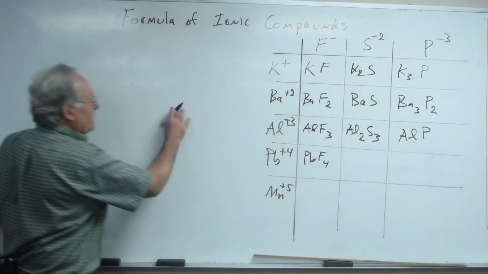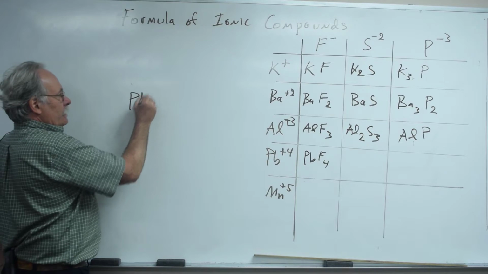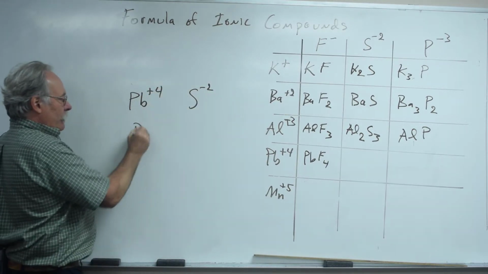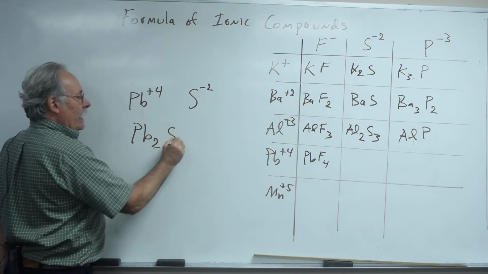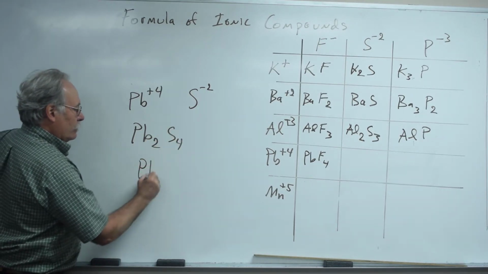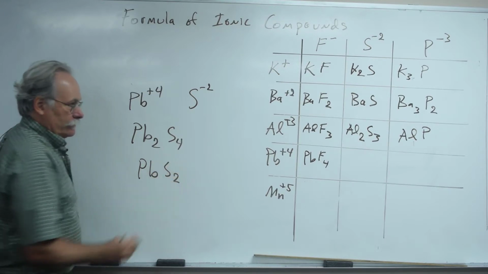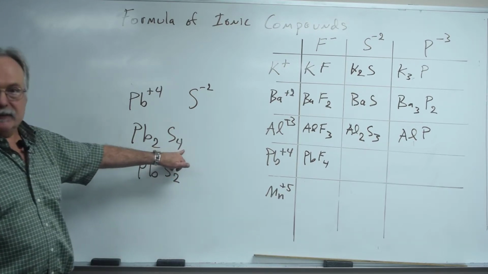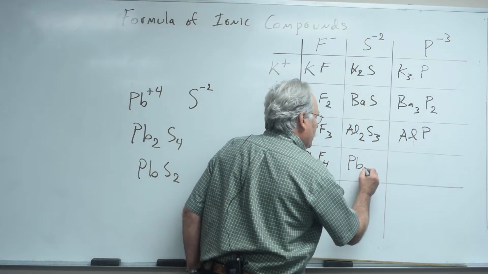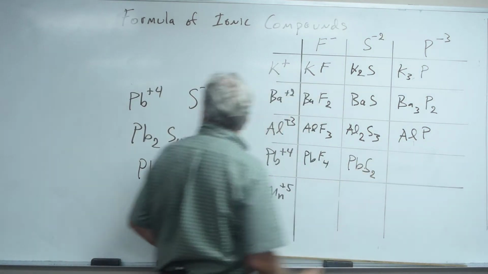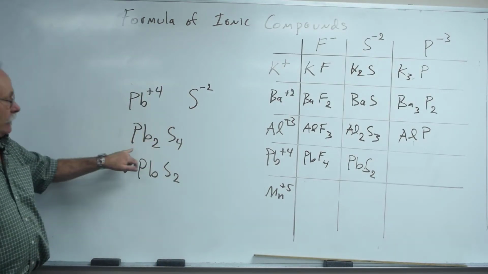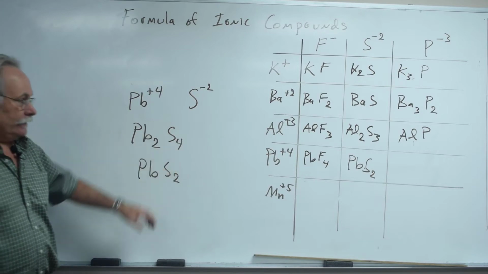So I could blindly do this, Pb +4, S -2, and I would come up with Pb2S4, but this is not the lowest whole number ratio. The lowest whole number ratio is PbS2. I divide this by 2 and divide this by 2, so this becomes PbS2. It's not Pb2S4. This is neutral, but it's not the lowest whole number ratio of cation to anion.